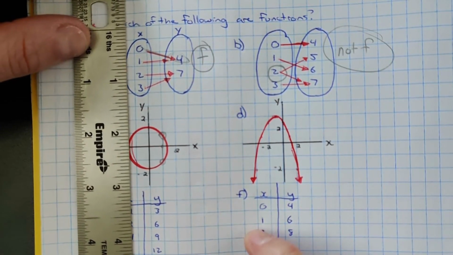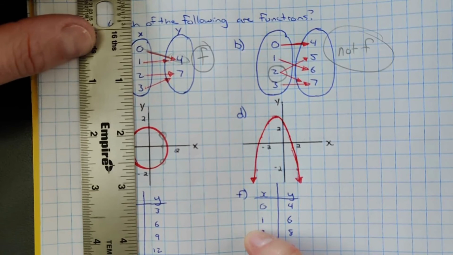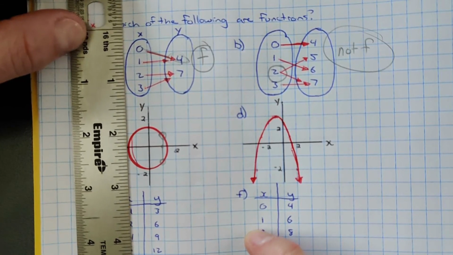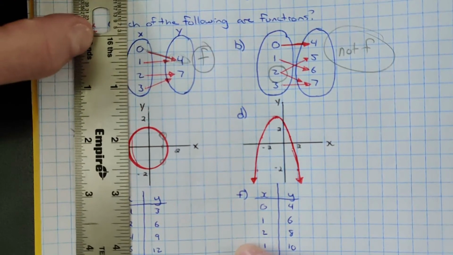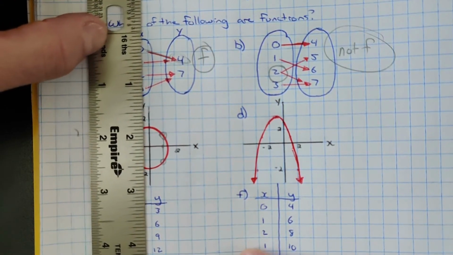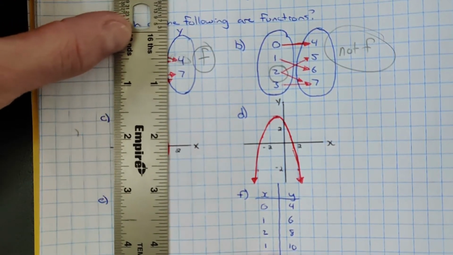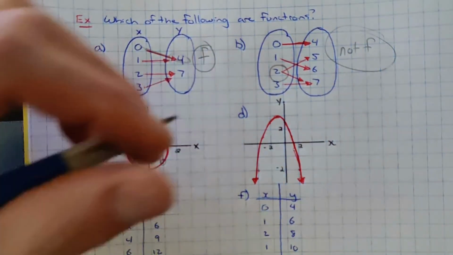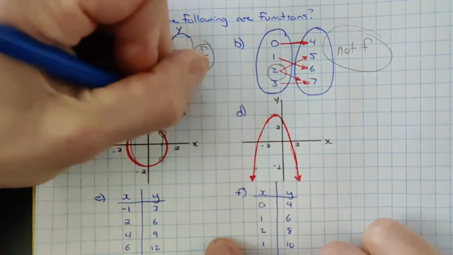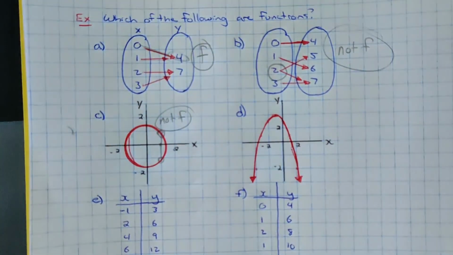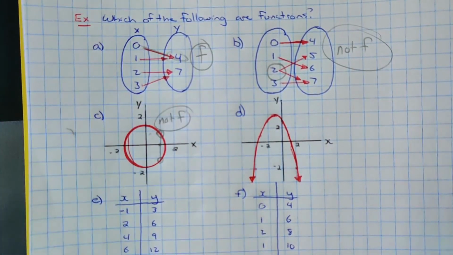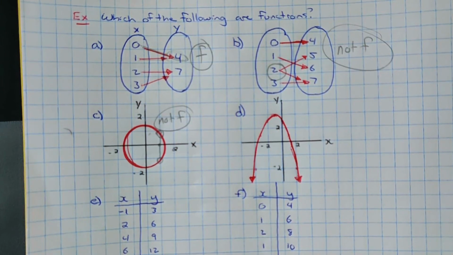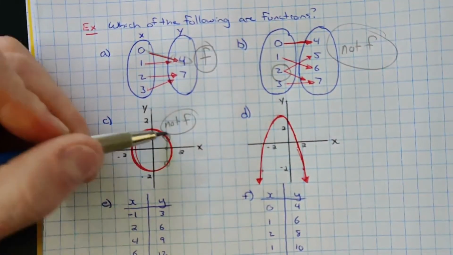If that ruler at any point touches 2 points, which on a circle, other than at the 2 ends, the tangents, it's going to touch 2 points every time. So this is definitely not a function. Okay? So if you have a graph and you can put a vertical line and it touches more than 1 point, it's not a function. That would map to 2 points, as we have there.